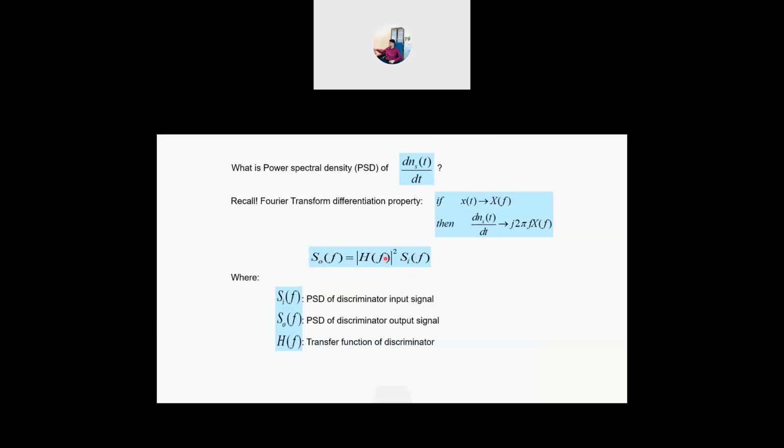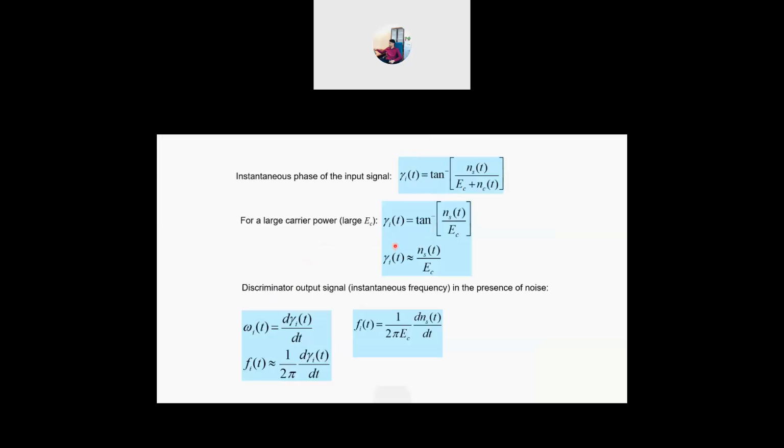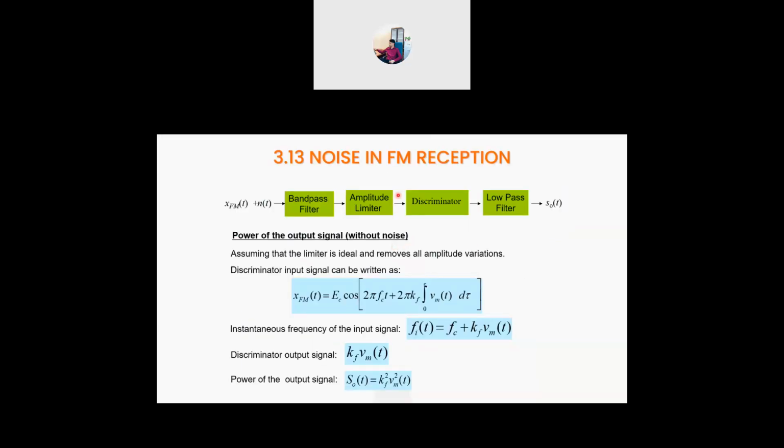And this one is a transfer function, as you know. Don't forget about this square. Maybe it's a bit different from what you learned in linear systems, where we have only H(f). Now we have this a bit different, so please don't forget about this square. So this is the power spectral density at the input and at the output.